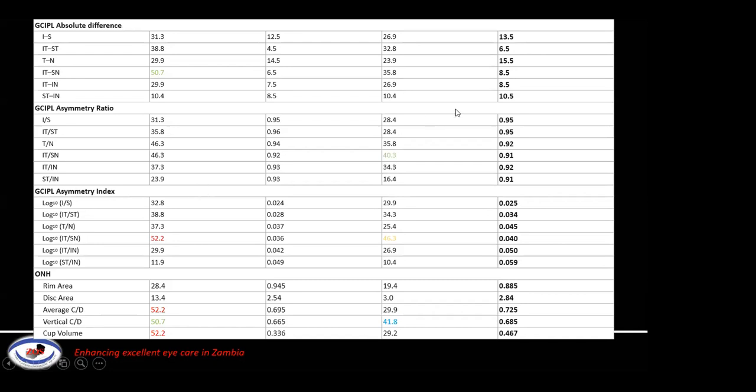Then at 95% specificity, the inferotemporal and superonasal ganglion cell inner plexiform layer index recorded the highest sensitivity at 46.3%, which was followed by the vertical CD at 41.8%.